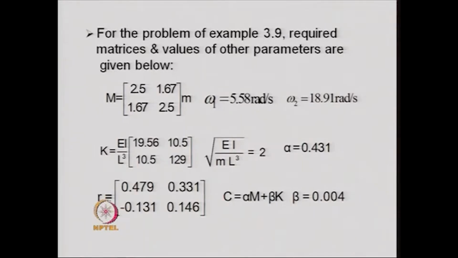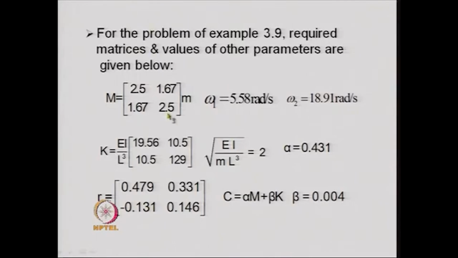This is the problem that we had solved before for ground excitations which had a time lag of 5 seconds, and for that we derived the R matrix, and this was the R matrix.